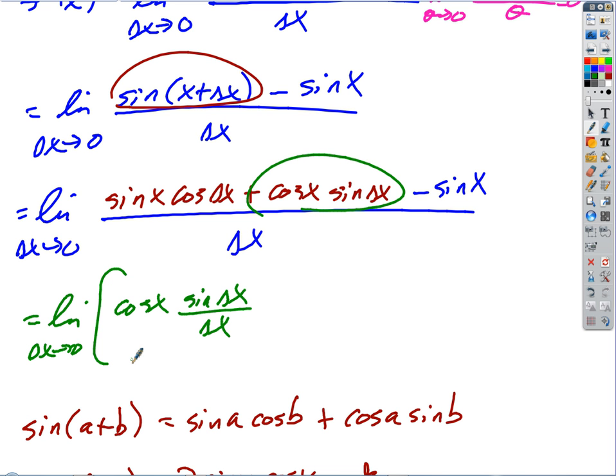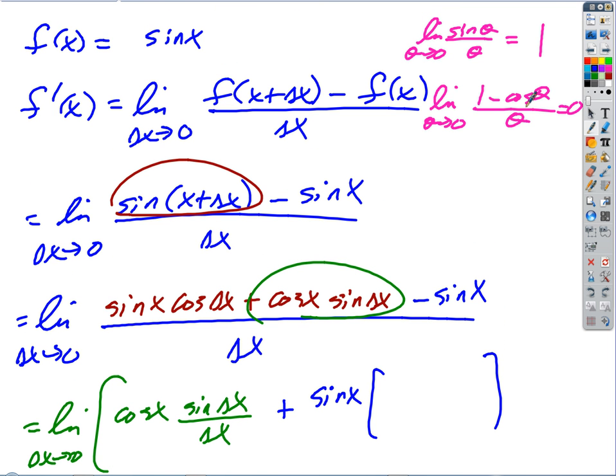A sine x, yeah. Okay, so if I take a sine x out, what's left on the top? Cosine delta x minus 1. Hey, how about if I instead factor out, just so I can skip a step? That's not quite gonna match, is it?